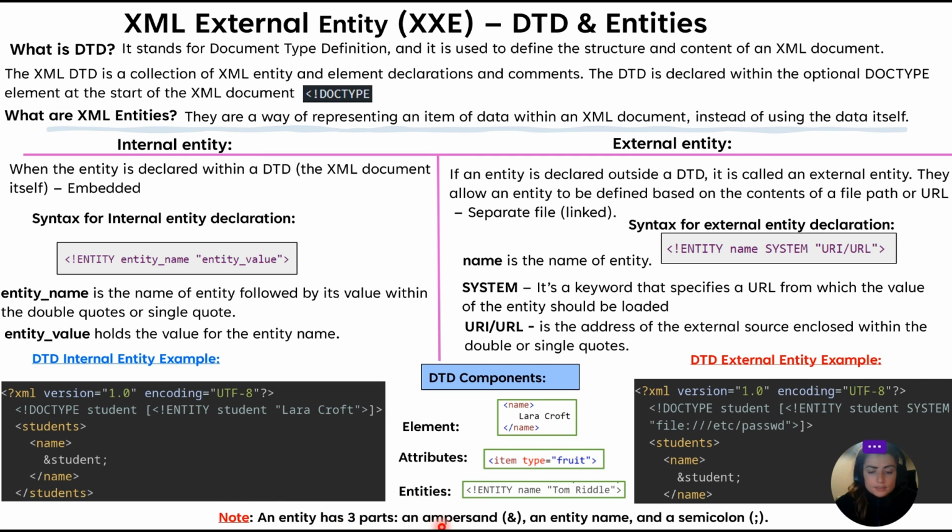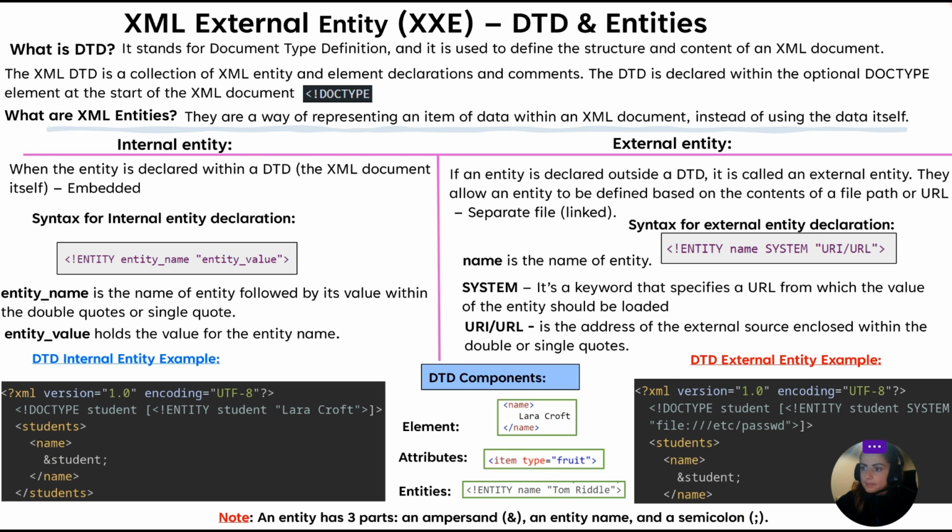The entity has an ampersand, an entity name, student, you can see here student, and a semicolon. So you can't change here the name to be a different name, not student, as we know, we can see here that the entity has already been named a student. So that's how we will declare it, basically. So this is the entity.